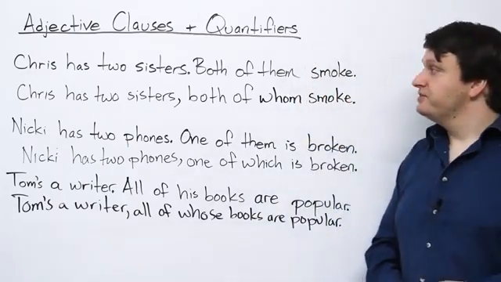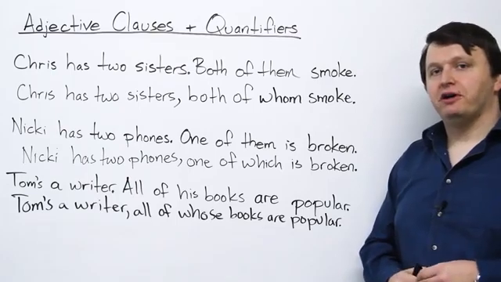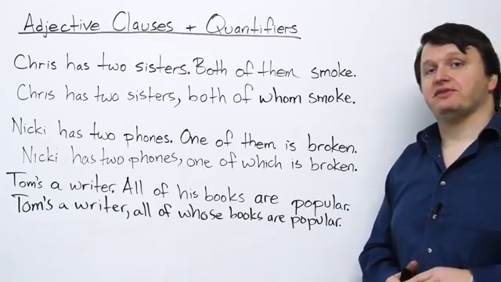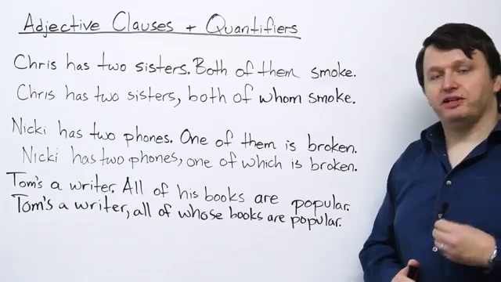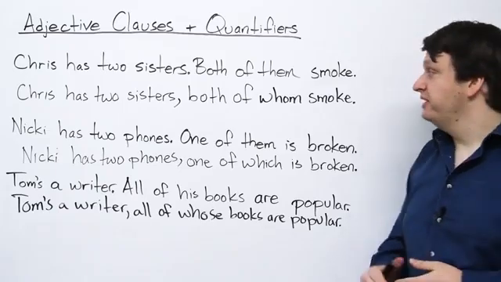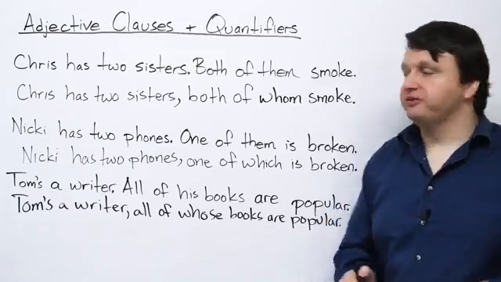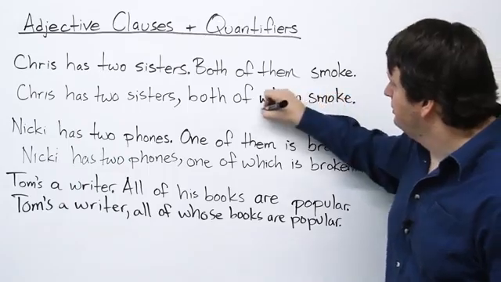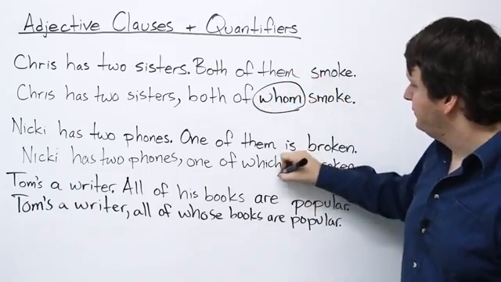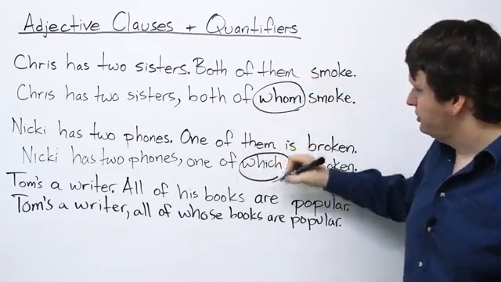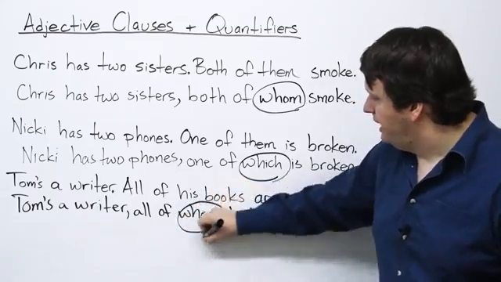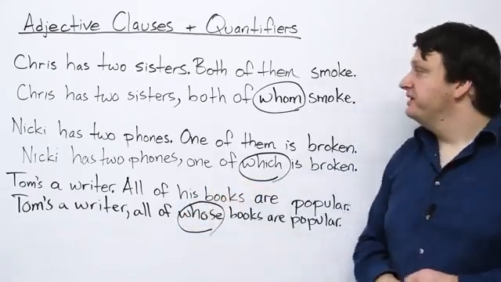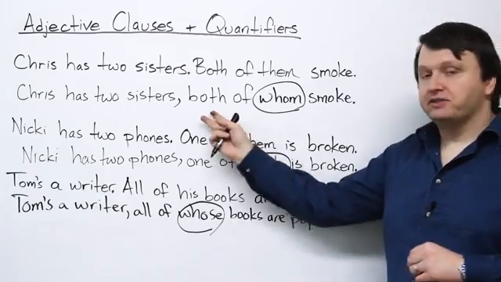Okay, so what I have just shown you are the 3 relative pronouns that we use with quantifiers and adjective clauses. And the only 3 you need to know for this structure are whom, which, and whose. Okay? So again, you can see the construction here.